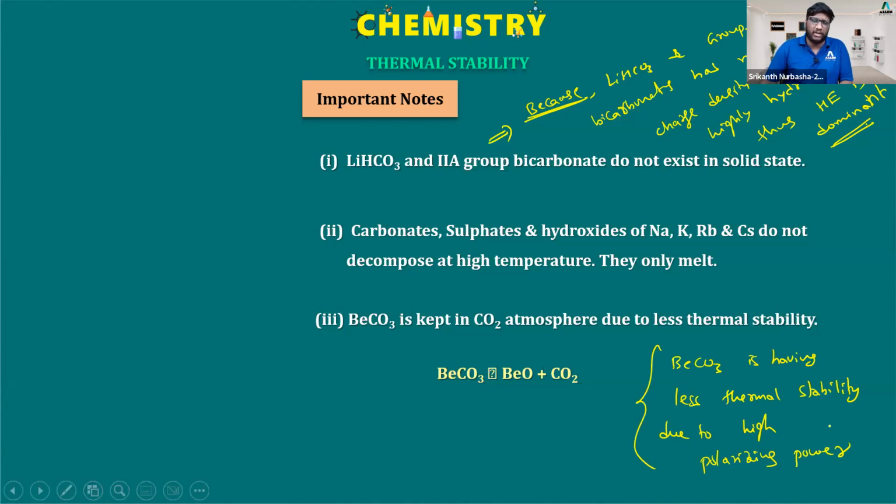Covalent character can also be explained based on polarizing power. Wherever you have more polarizing power, like more charge density, there obviously thermal stability is less. So because it is less thermally stable, BeCO3 decomposes to BeO and CO2. If it is already present in a CO2 atmosphere, then because CO2 is already there, the decomposition is not going to happen greatly. Right?